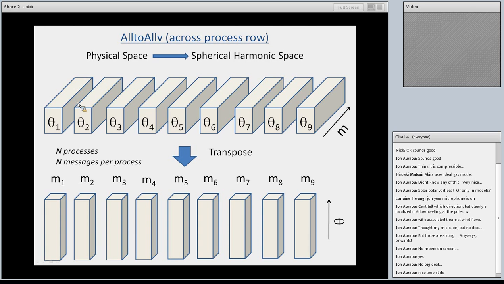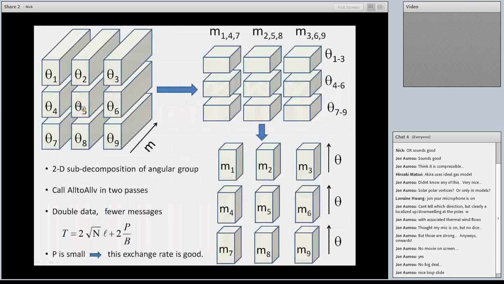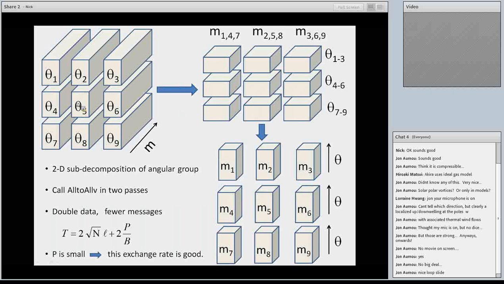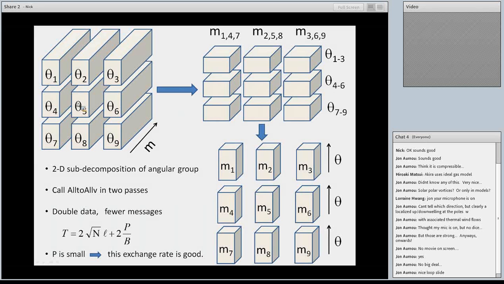But you could imagine arranging these processes in a rectangular pattern. So you take that row of processes and you make it into a 2D configuration. And then you send information where it needs to be in two passes. First you transpose across the small rows and you get the information where it needs to be.